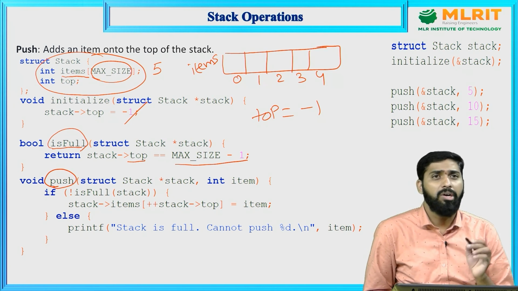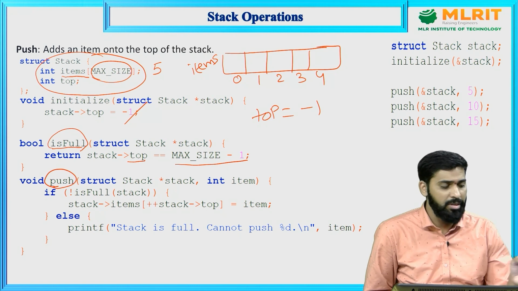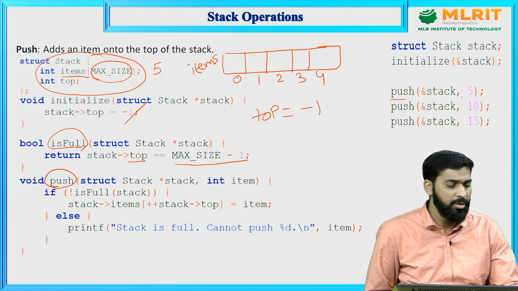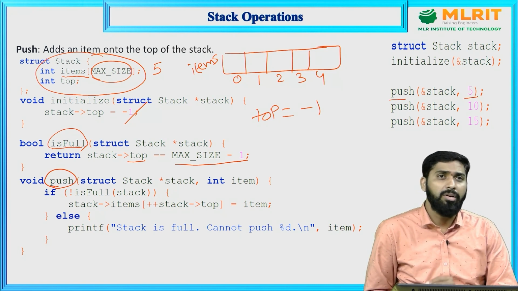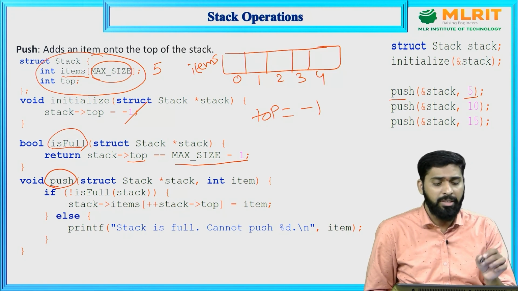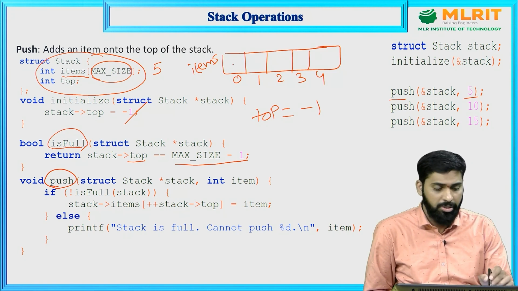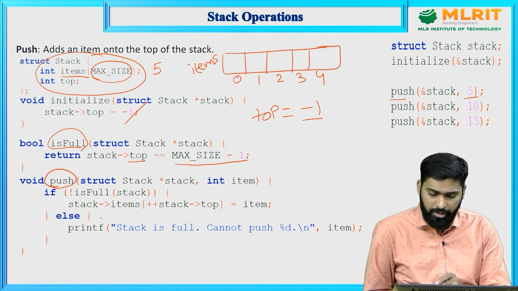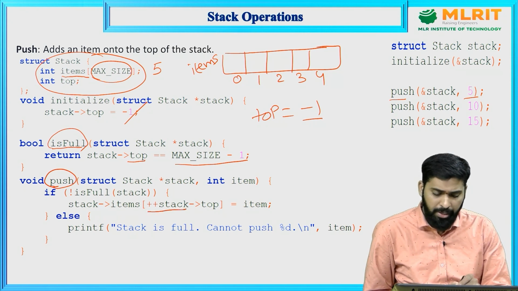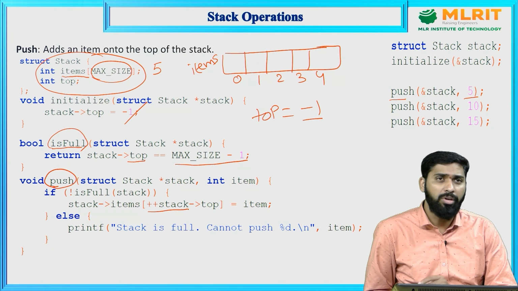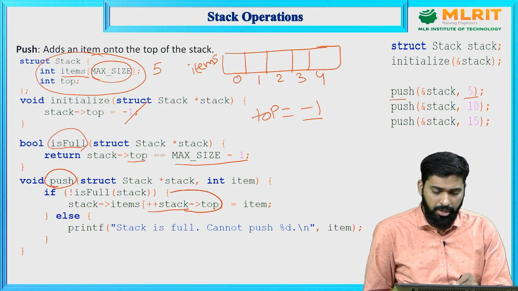Now, in the first case the stack is empty, so we can insert. If I call push 5, the 5 will be inserted at items of 0. Initially top is -1. If you observe, here it is plus plus stack arrow top, so -1 plus 1 becomes 0, items of 0.